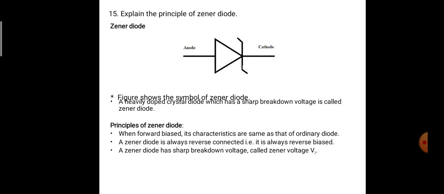The principles of Zener diode: when forward biased, its characteristics are the same as those of an ordinary diode. A Zener diode is always reverse connected, that is, it is always reverse biased. A Zener diode has a sharp breakdown voltage called the Zener voltage VZ.